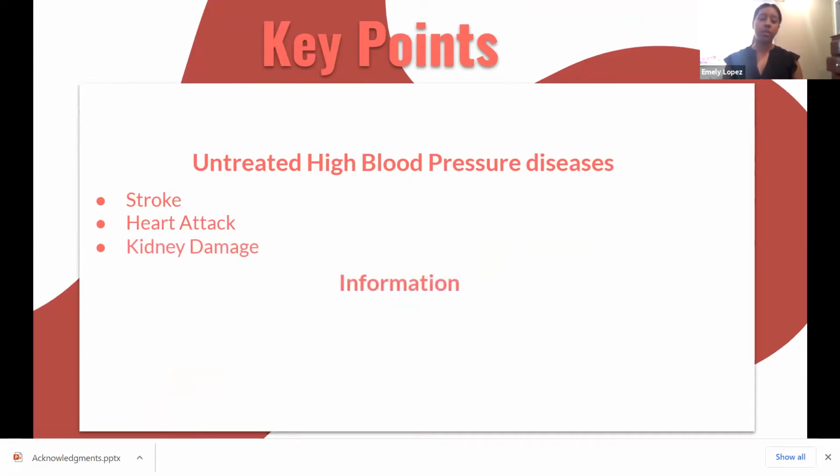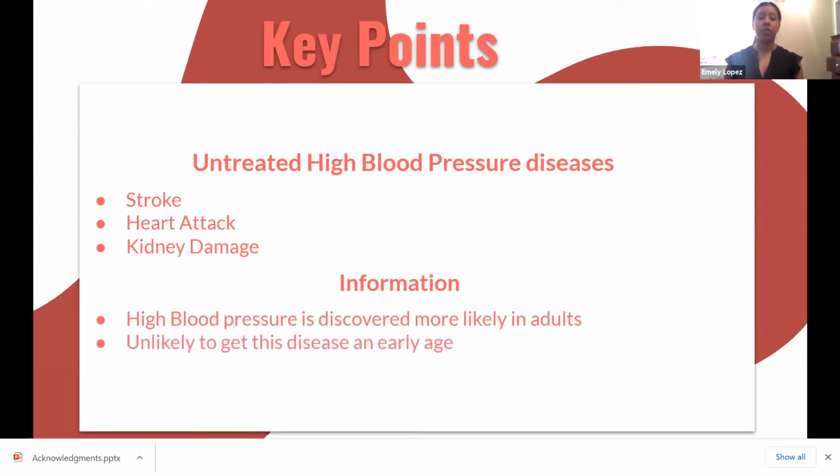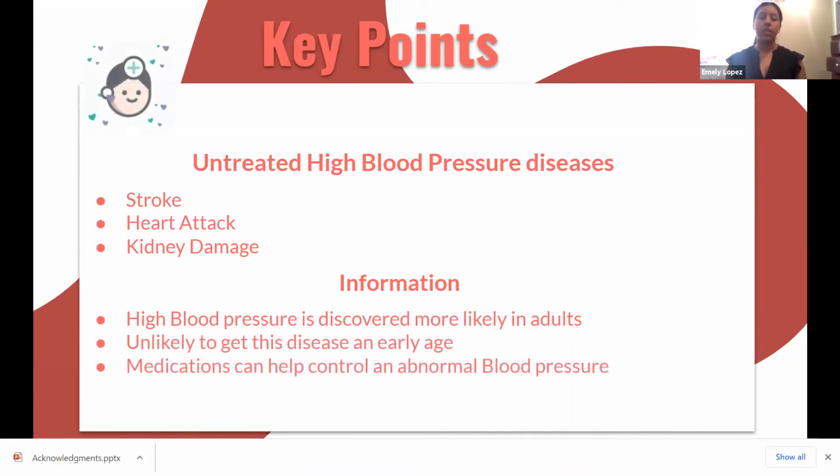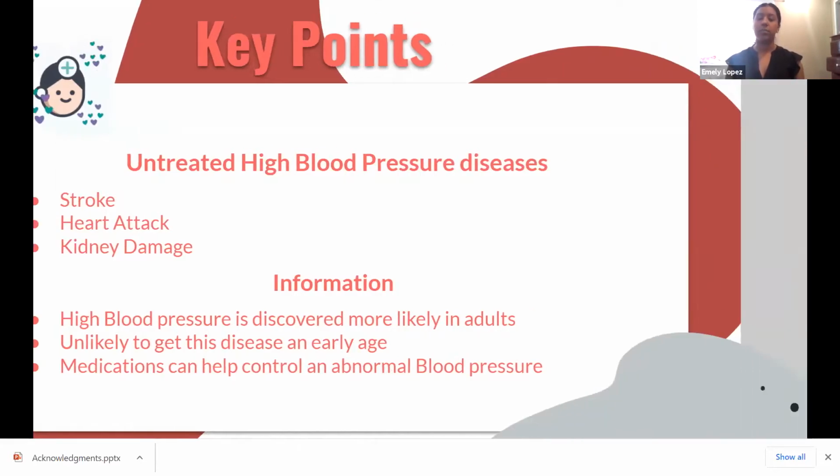More information about it: high blood pressure is discovered more often in adults, and it is unlikely to get this disease at an early age. Medications can help control abnormal blood pressure, and it also has a lot to do with the lifestyle they may have. It's very important.